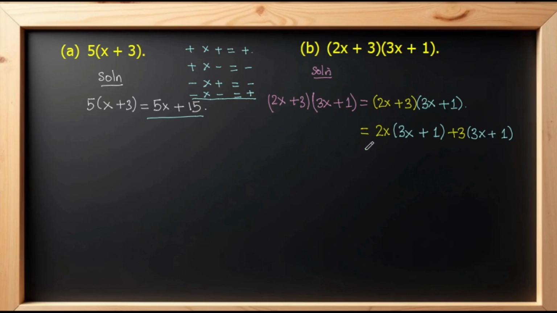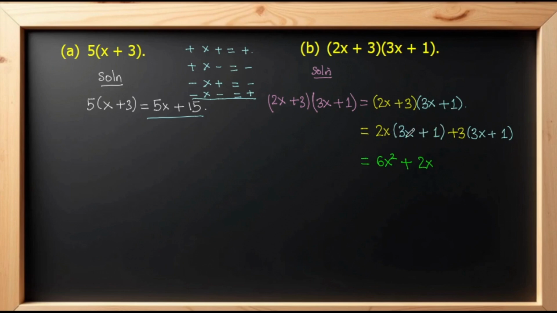Maybe I can say green now. 2x times 3x, we get 6x squared. So we are done with the first number. Now let's go to the next number, that is 2x multiplying 1. Anything multiplying 1 will be itself, so we're going to have just 2x.